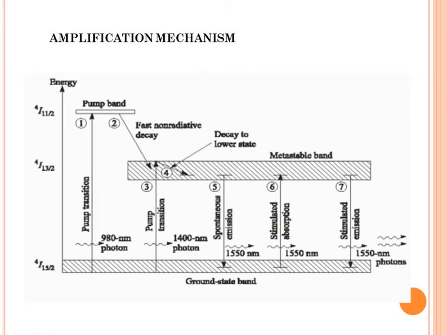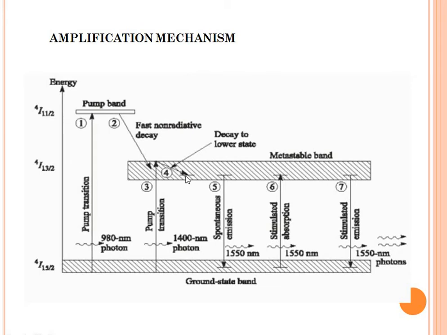This is indicated by transition process 3. Next, these electrons will tend to move down to the more populated lower end of the metastable level. This is shown by transition process 4.